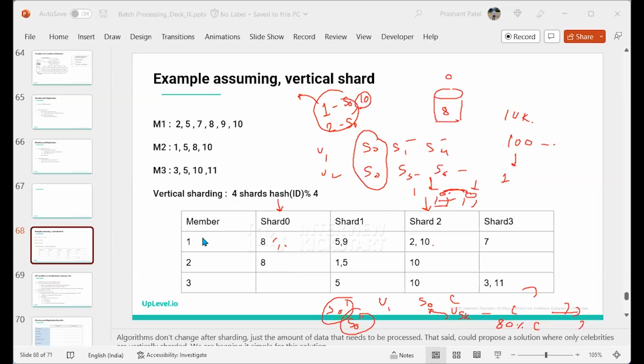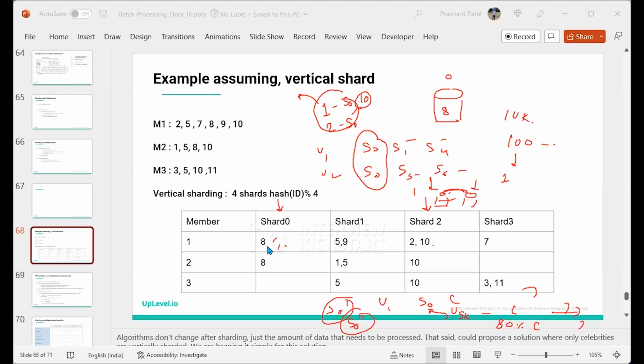For user 1 and 2, when you actually go into shard 0, by that time some mapping would be stored in the cluster manager that for 1 and 2 the data is present in these shards, and we know what the common shards are. We came to know shard 0 is common. So when you actually go into shard 0, you would see that 8 is the user present here, and it is the connection of which other users.